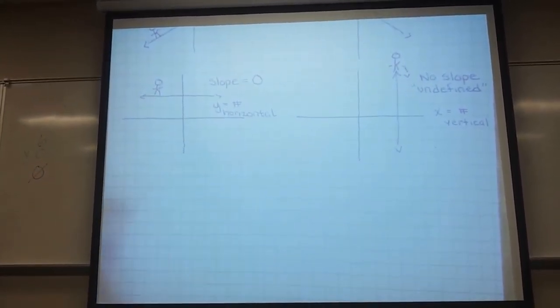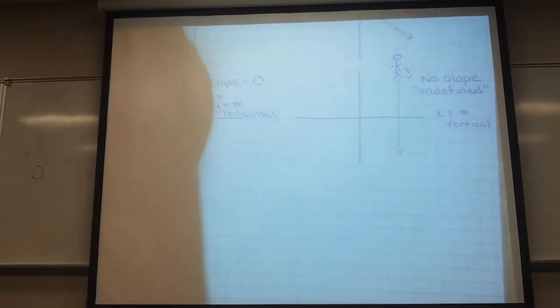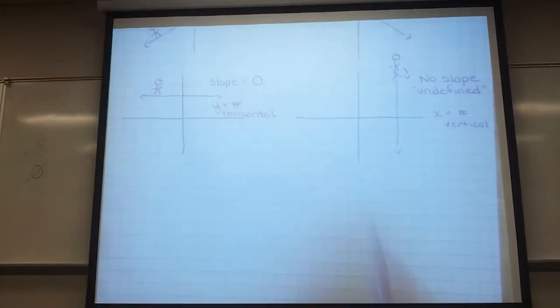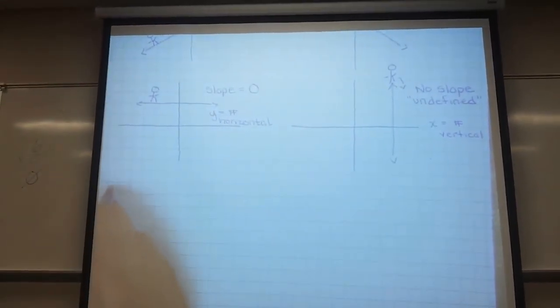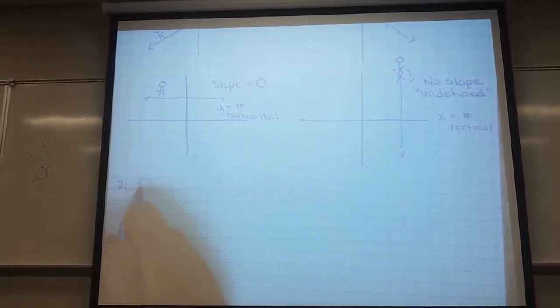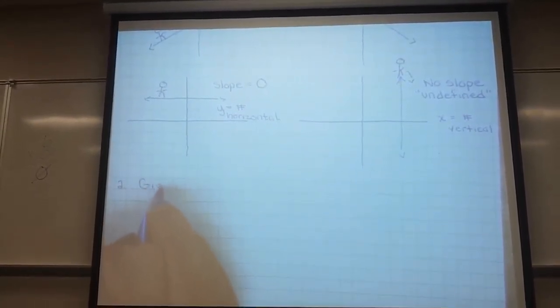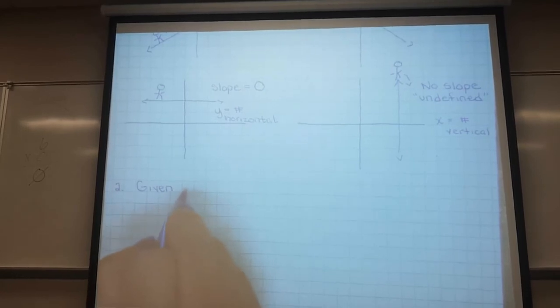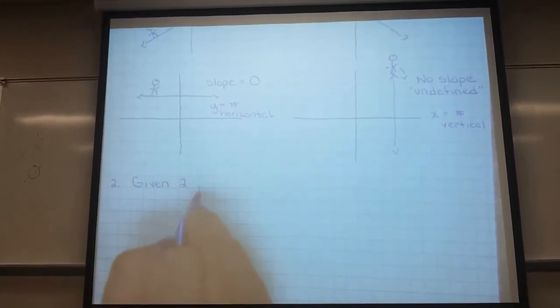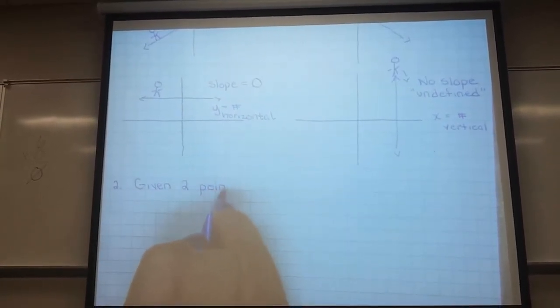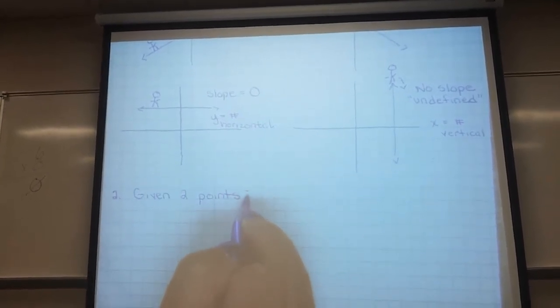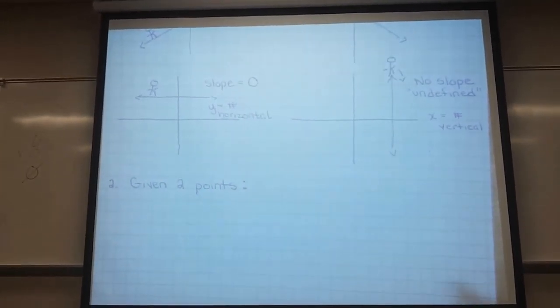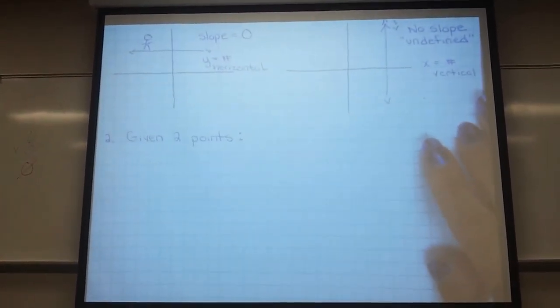All right, so that was the picture. And I'm going to call that problem 1, because that's looking at the picture. Problem 2: given 2 points. This is the second part. This is the part you will see in the homework.